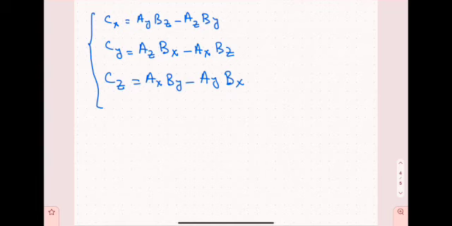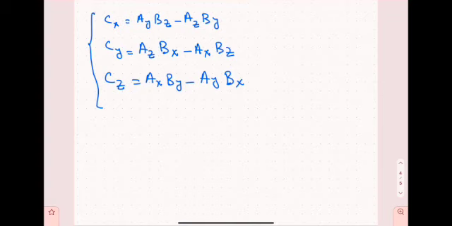Now, there is a nice way or another notation to write this, which physicists love to use, and that is using something called the Levi-Civita symbol.